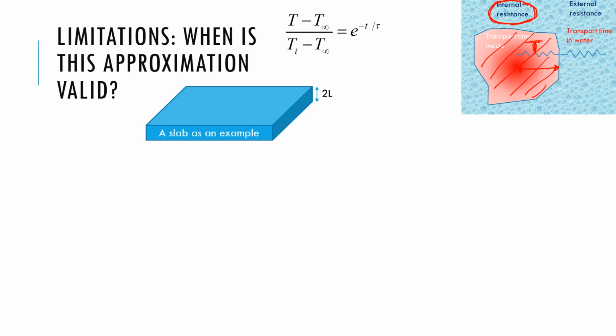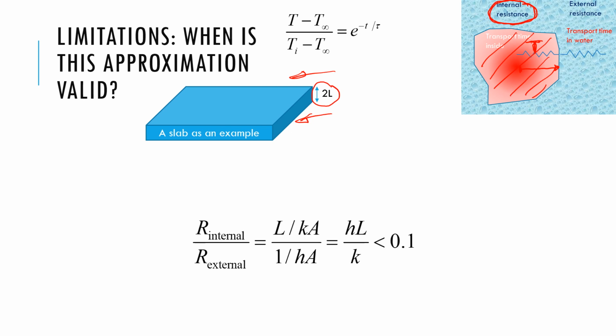So for a slab, taking a slab as an example that's being heated from both sides, and the slab having a thickness of 2L, we're saying internal resistance has to be small. So internal resistance over external has to be small.